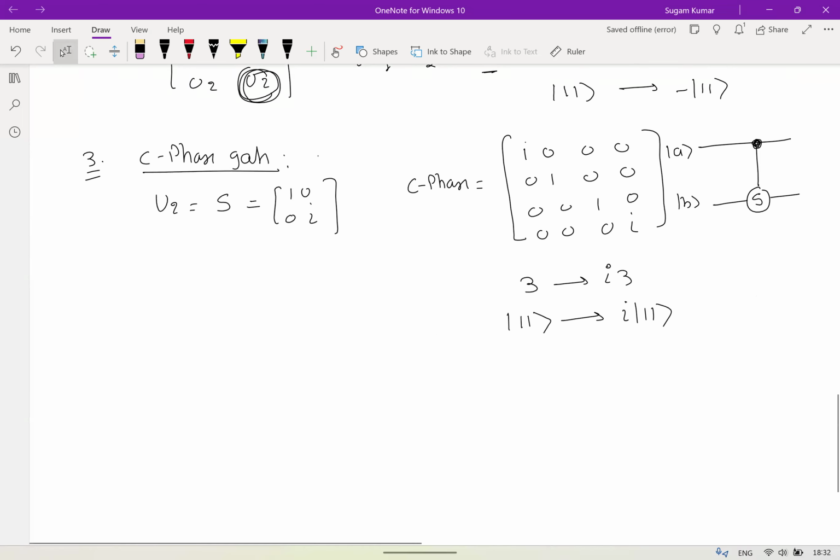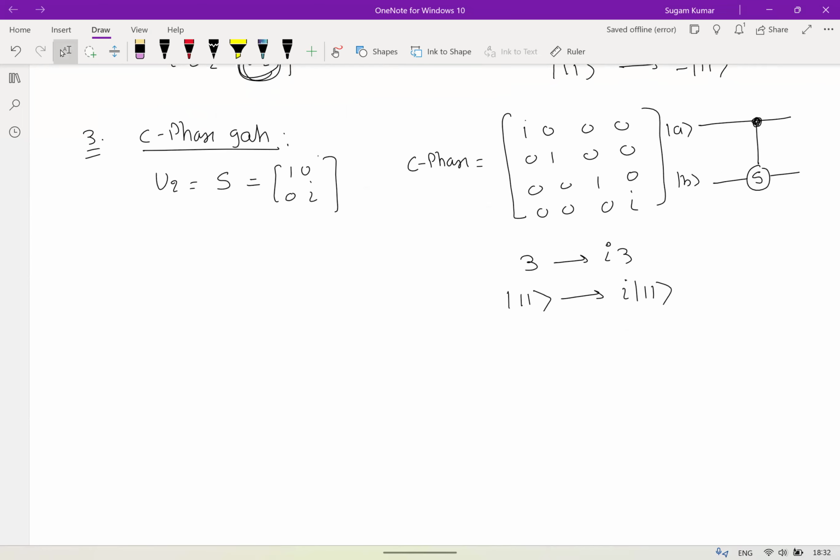So these 3 gates you can think about. And one more gate we discussed, the fourth one, very important, called the swap gate. In the swap gate, the bits are going to exchange.